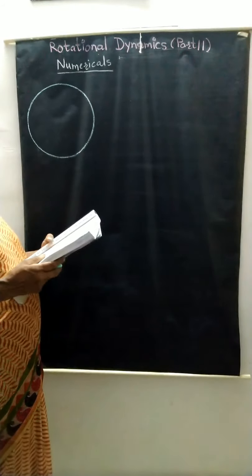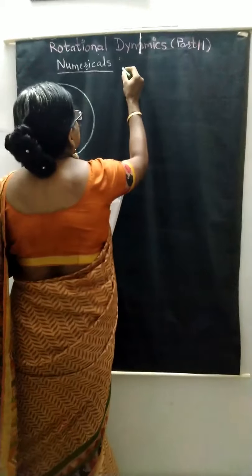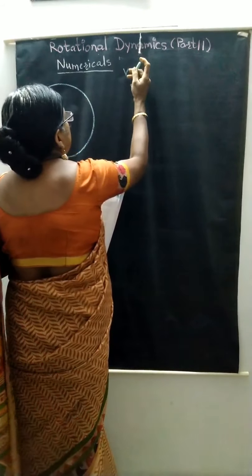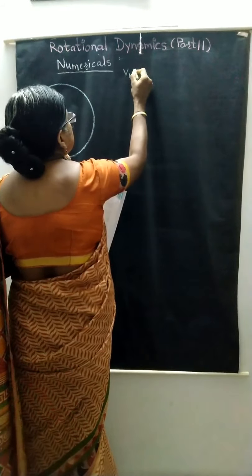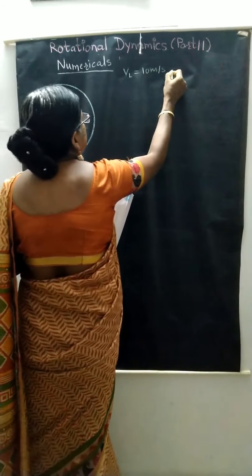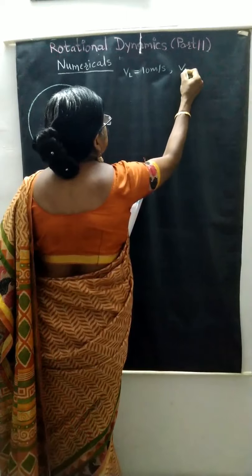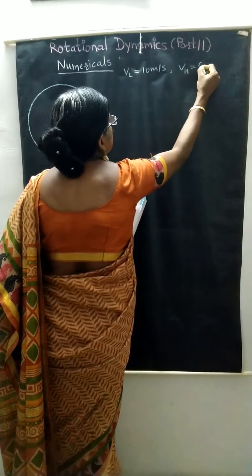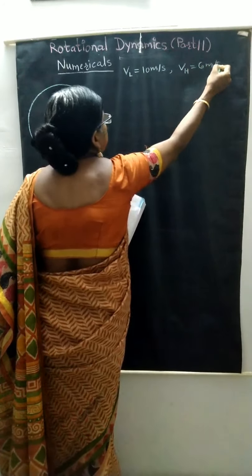So, what is given in the problem is that the maximum speed is 10 meter per second and the minimum speed is 6 meter per second.